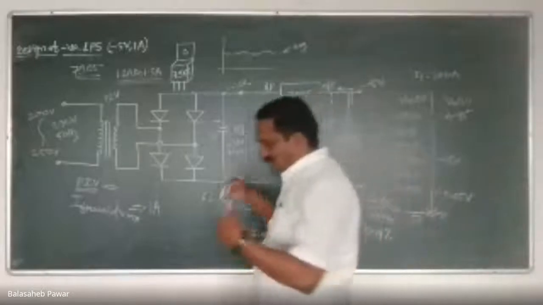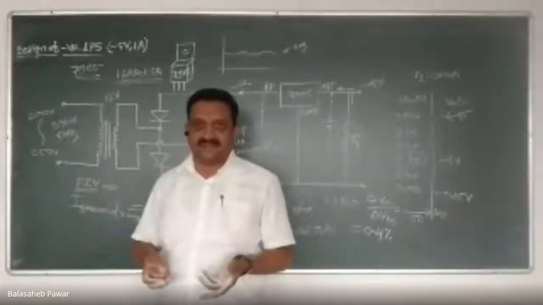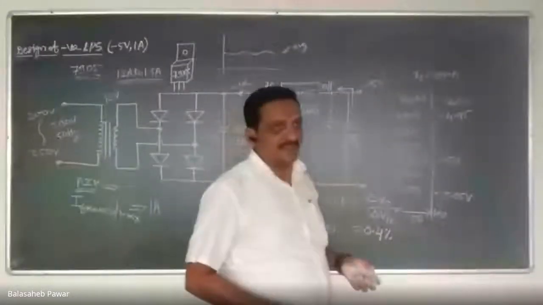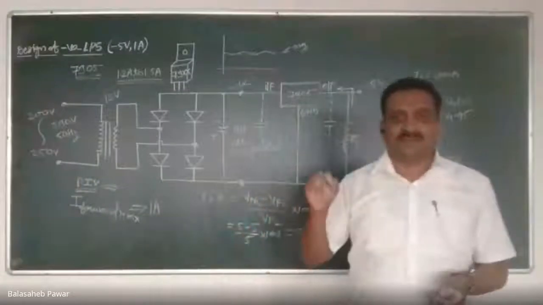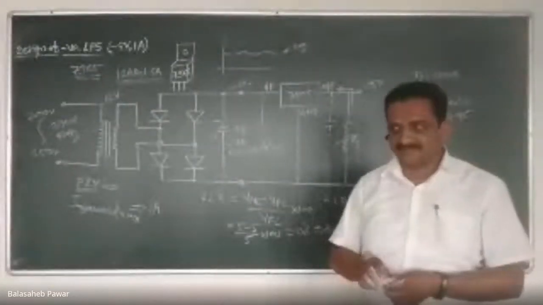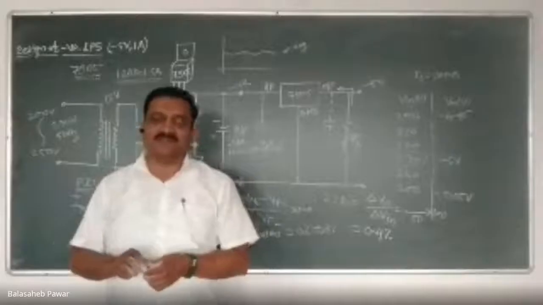So what should we do? We have to design both regulated power supplies, by using 7812 for positive 12 and 7912 for minus 12. Am I right? Yes, sir. Okay. Now, how many transformers will you select? Sir, one transformer with center tap.